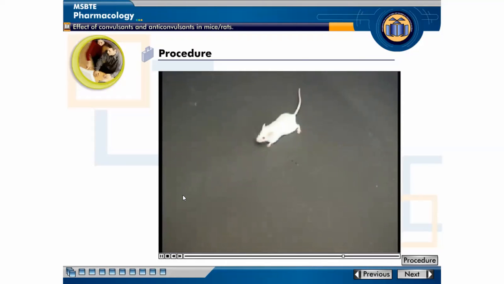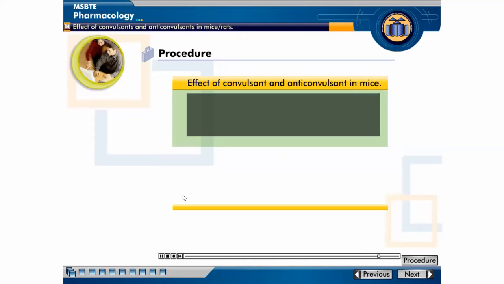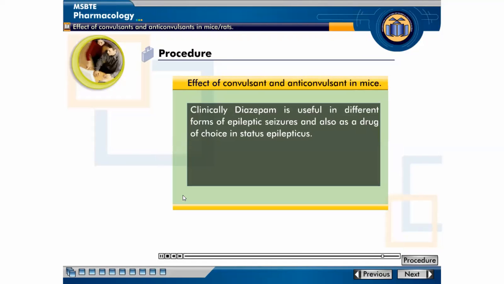You can see that the severity of convulsions, such as Straub's tail and whole body movement, is less in this mice. This suggests that diazepam protected the mice from the convulsions induced by strychnine. Clinically, diazepam is useful in different forms of epileptic seizures and also as a drug of choice in status epilepticus.